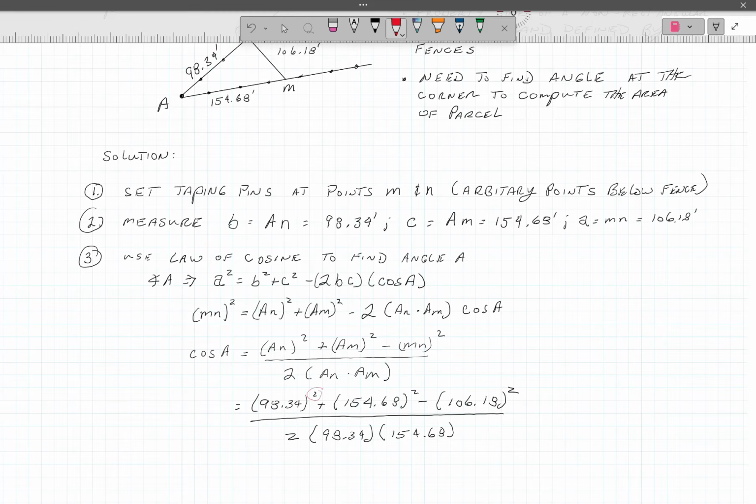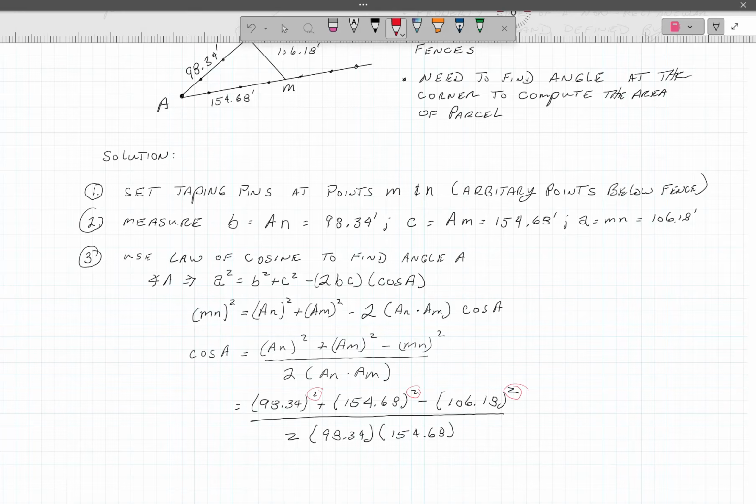Mistakes that can happen here are real simple. You forget to do the squares. You forget the order of operations, like 2BC cosine A is all multiplied. So 2BC can be divided away from cosine A, but it's divided equally on both sides.